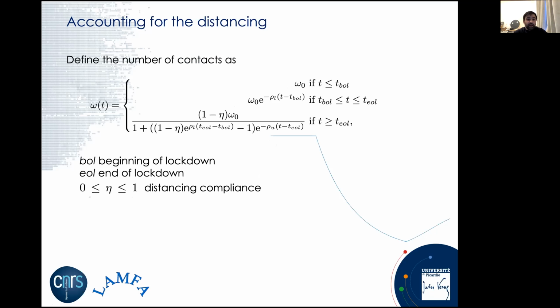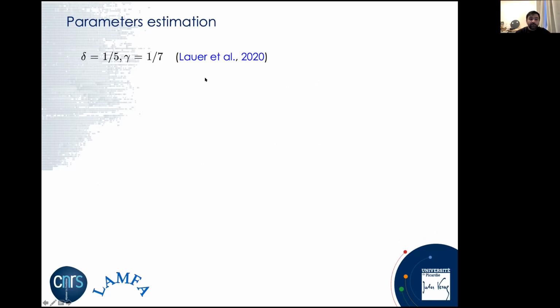So how do we get all the parameters? First, if you look at our very first paper, delta is the latency, so 5 is the latency period, and gamma the recovery.